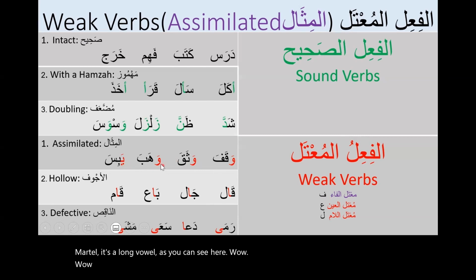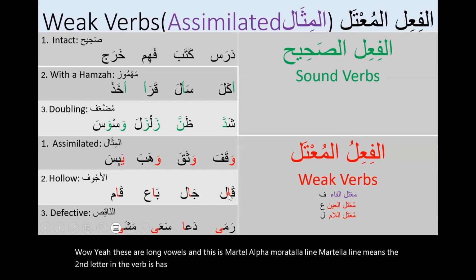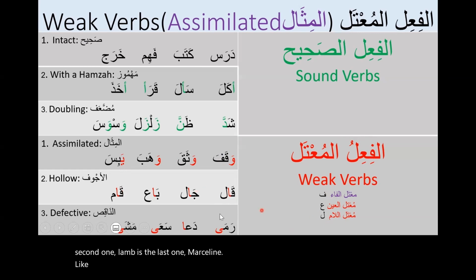These are long vowels, and this is mu'tal al-fa. Mu'tal al-ain means the second letter in the verb has a vowel, like here. This is the ain. So fa is the first one, ain is the second one, lam is the last one. Mu'tal al-ain, like here. Mu'tal al-lam, lam is the last one here. Mu'tal is a long vowel.